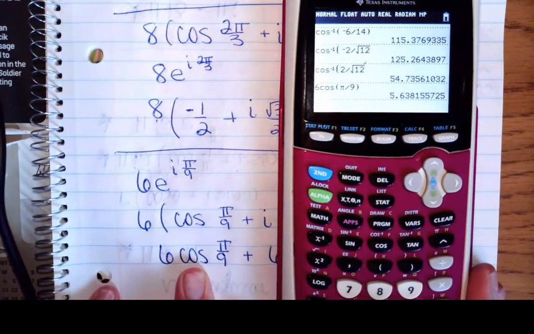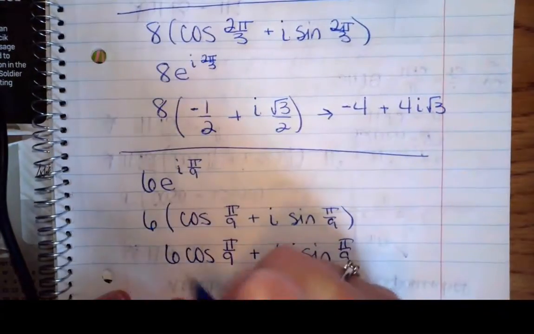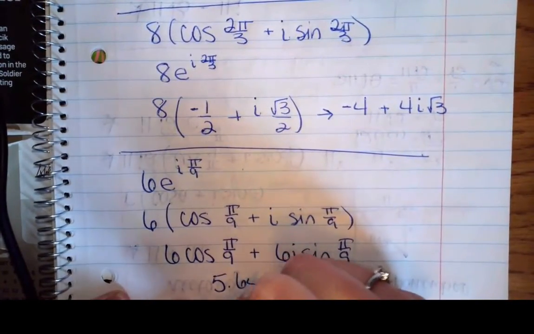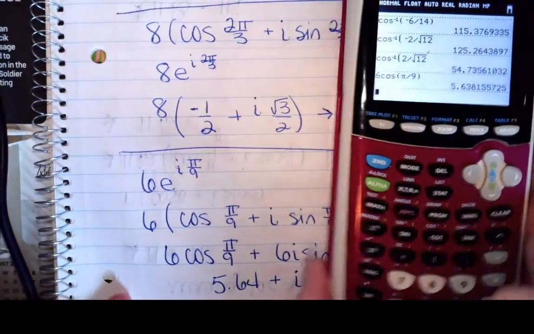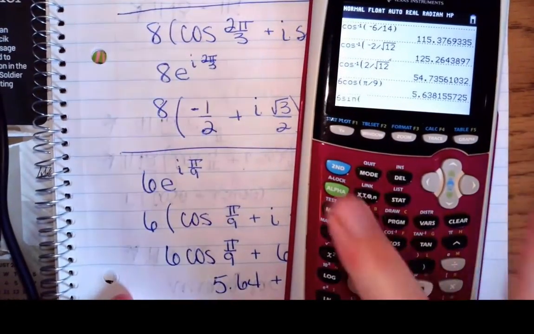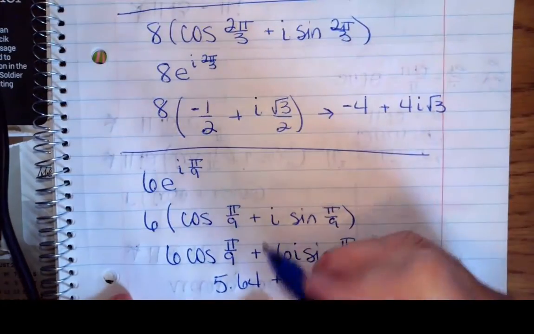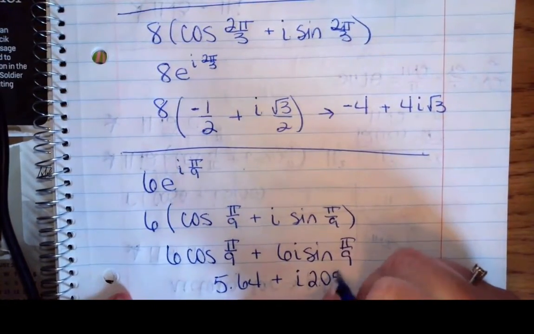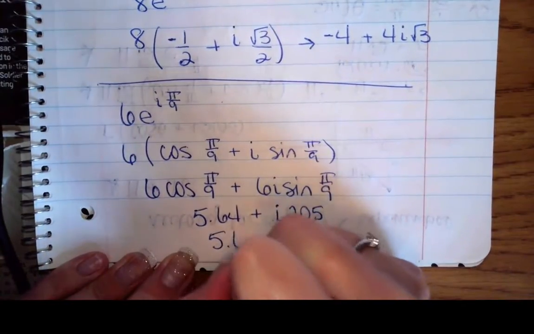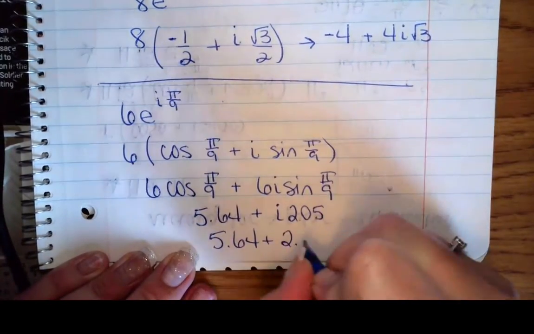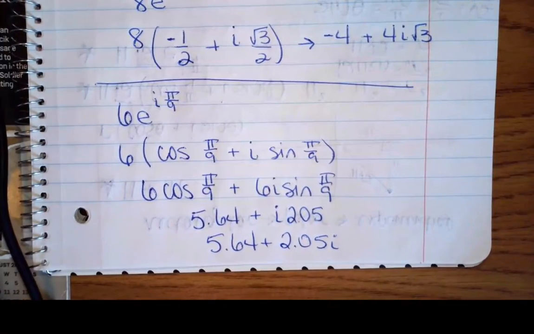Okay, and I get 5.63, so I'm going to do 5.64. 5.64 plus i times 6 times the sine of π/9, so 2.05i. So you could also say 5.64 plus 2.05i, which is more conventional.